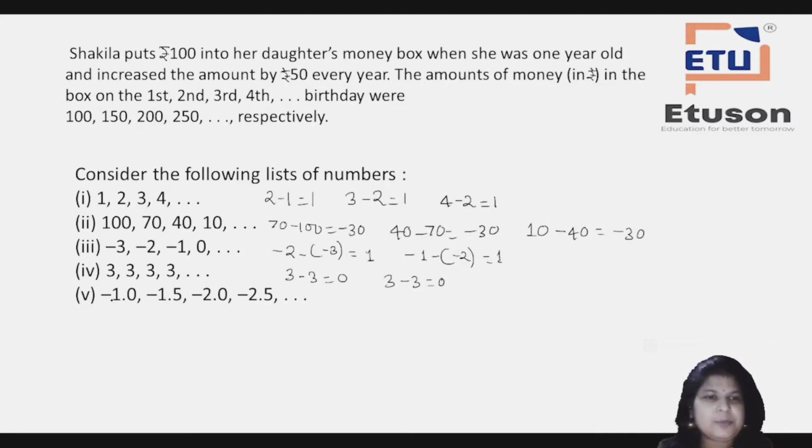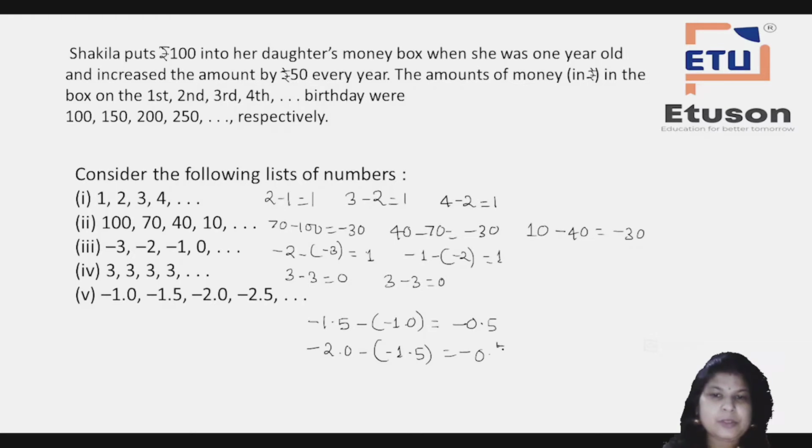And suppose consider list 5, which I have taken here. So minus 1.5 minus minus 1.0. So what is the answer? So here it is minus 0.5, right? So similarly, you can check minus 2.0 minus minus 1.5. That is also minus 0.5. So here the numbers are decreasing by 0.5. Correct or not?